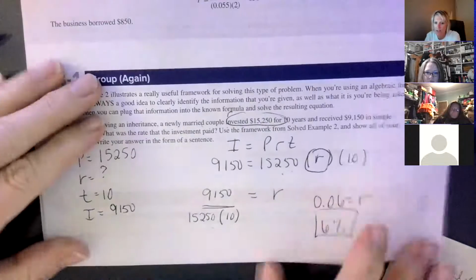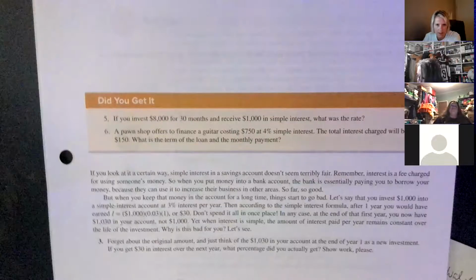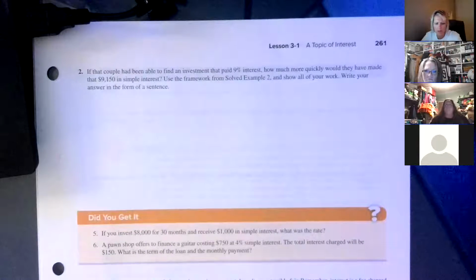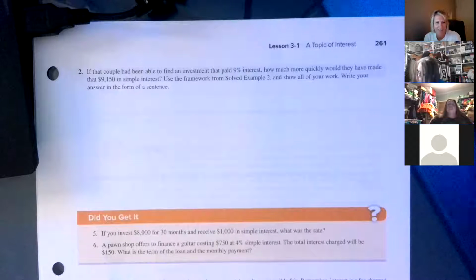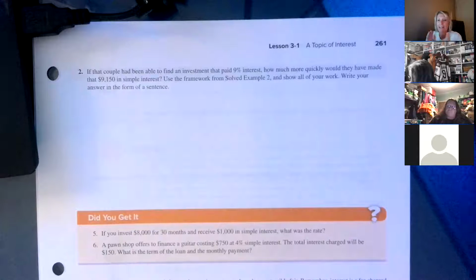Okay, 6%. So let's use that and see what they want us to do in number 2. I don't know why I said number 7. So if that couple had been able to find a 9% interest rate, can you imagine how much money they would make?